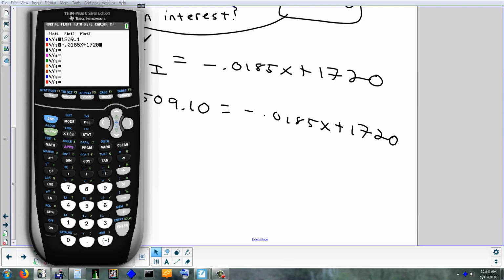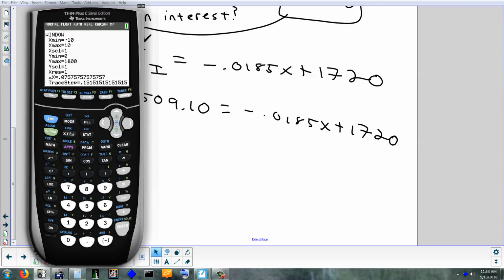And now I know I have to adjust my window because my y-intercept is 1720. So let's set our y-max a little higher. Let's do 1800. So I said y-max 1800.